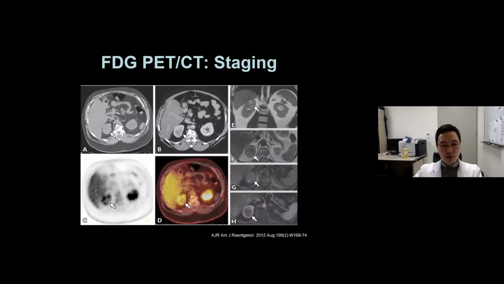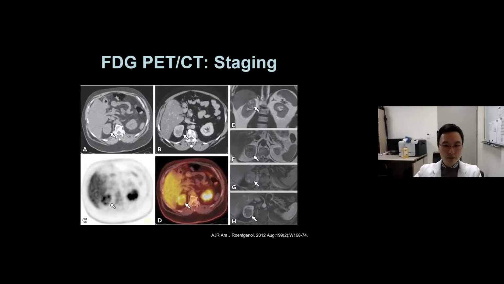Okay, so we have now seen the cell types of RCC and some staging. Now we want to know the role of FDG PET-CT, or what we nuclear medicine physicians can do for the diagnosis or evaluation of renal cell carcinoma.